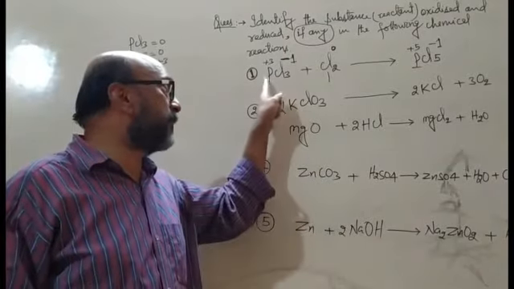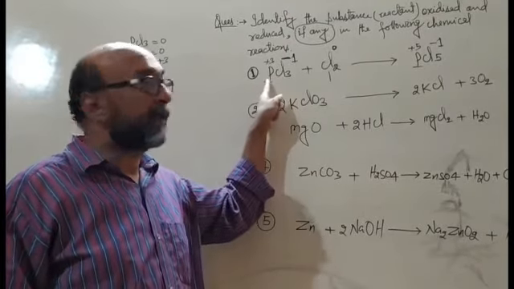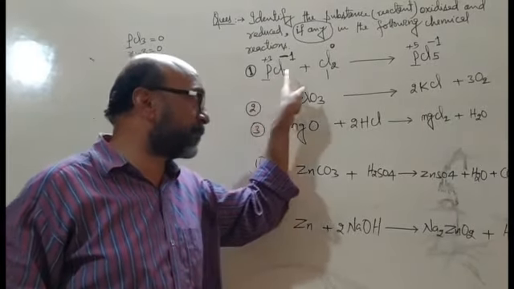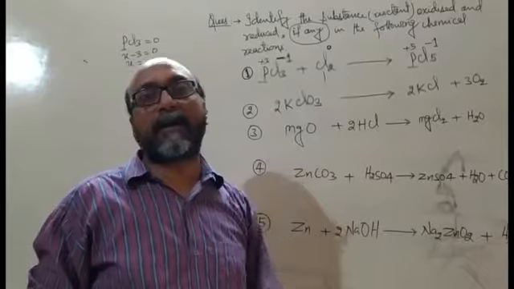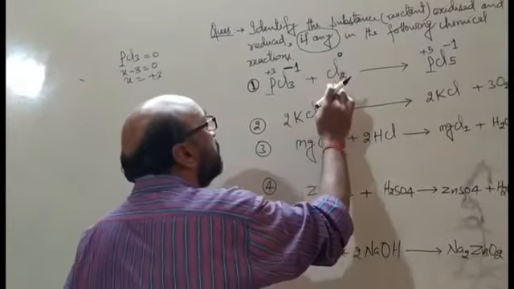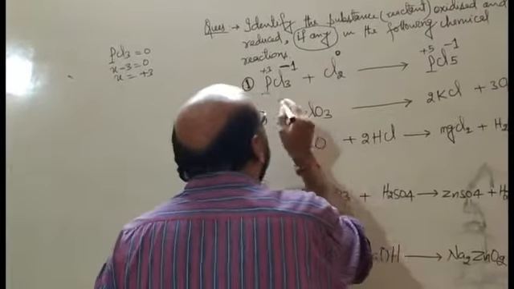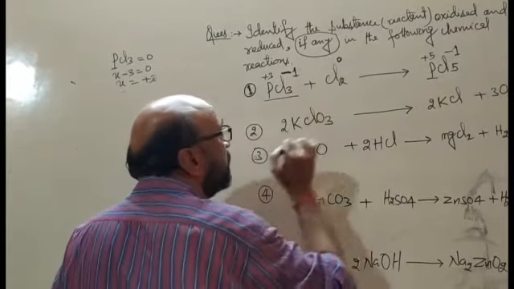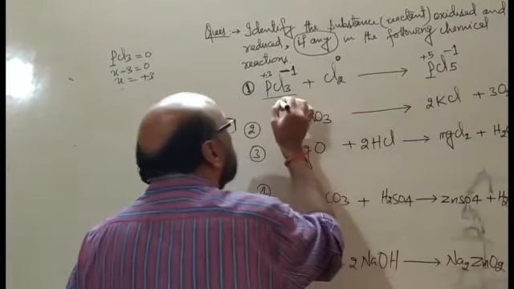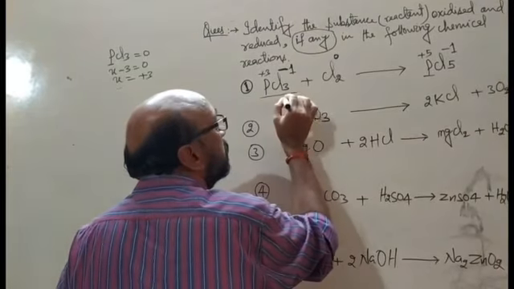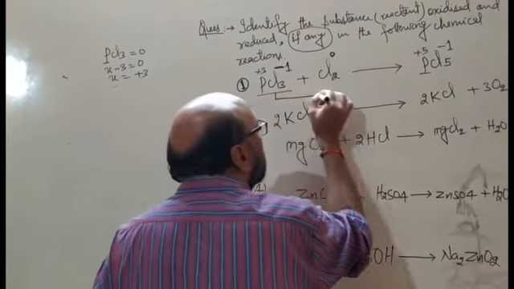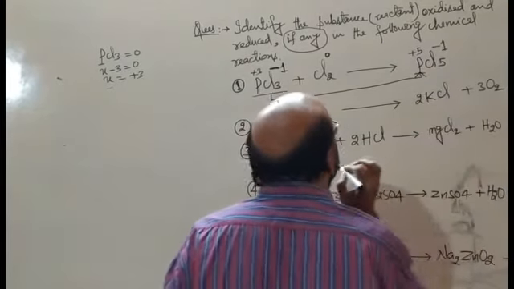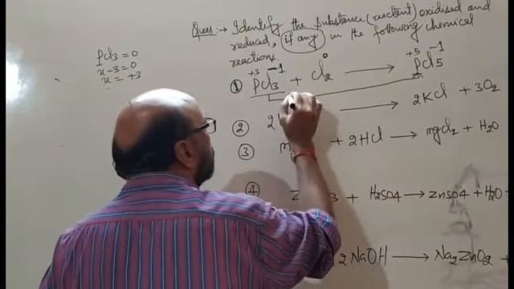Change is taking place due to phosphorus. The oxidation state of phosphorus is changed from plus 3 to plus 5. Means the oxidation state of phosphorus is increased. Therefore it is oxidized.